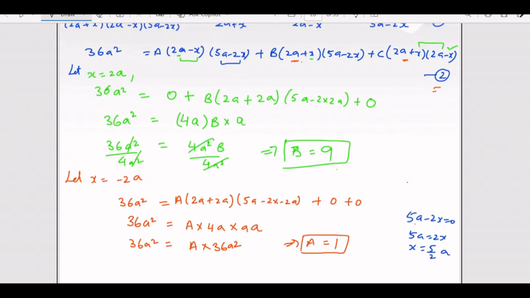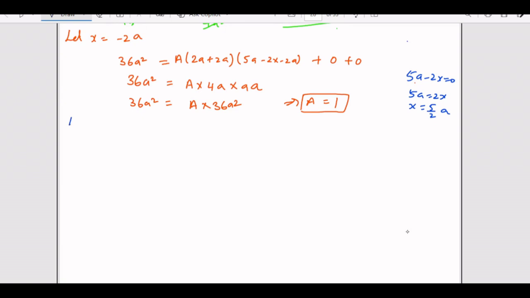That's the next value we are going to use. So let's say x is 5 over 2a. Then 36a squared on the left-hand side equals A times (2a minus 5 over 2a), then (5a minus 2 times 5 over 2a), plus 0.